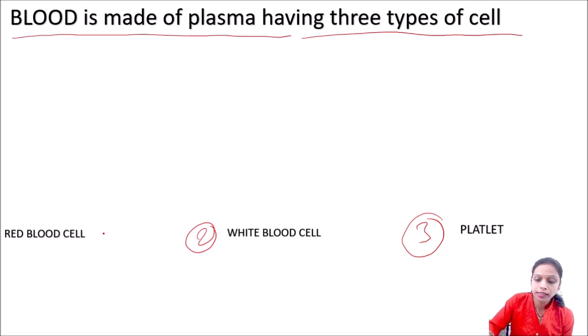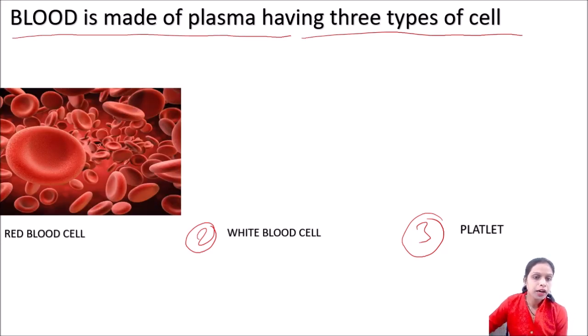Actually, red blood cell, you can see from this figure, is made of hemoglobin. Okay, and hemoglobin is red in color. That's why the pigment of a red blood cell is red.